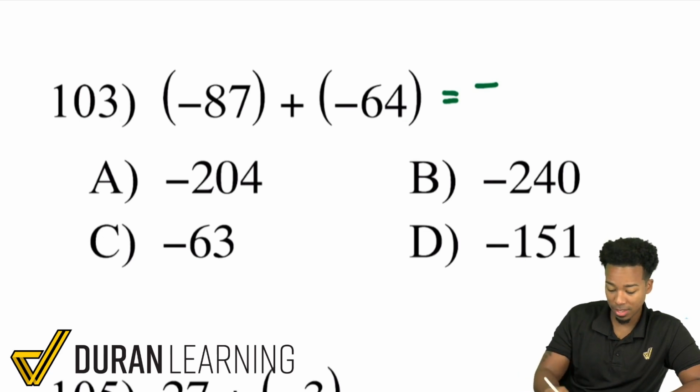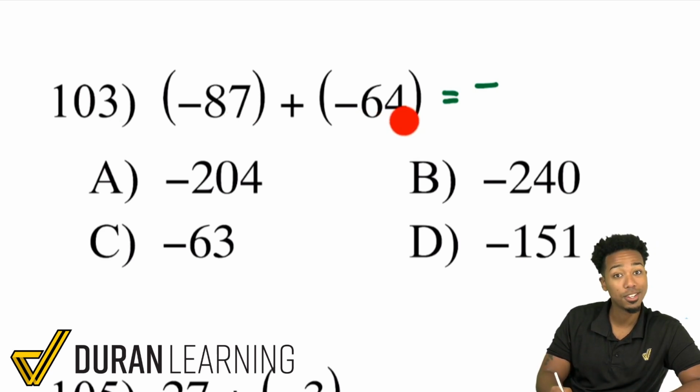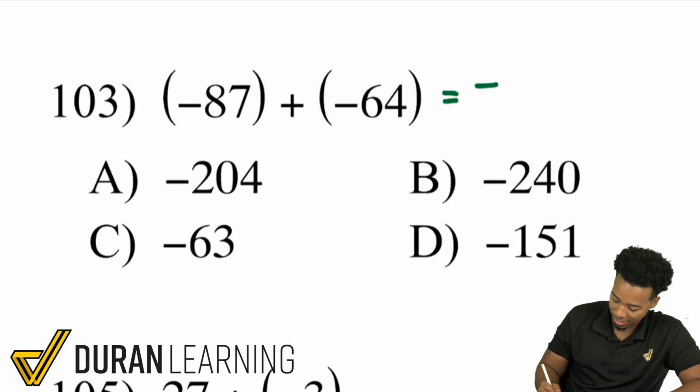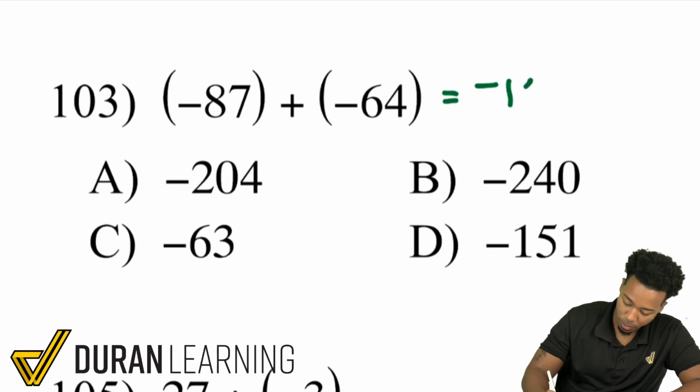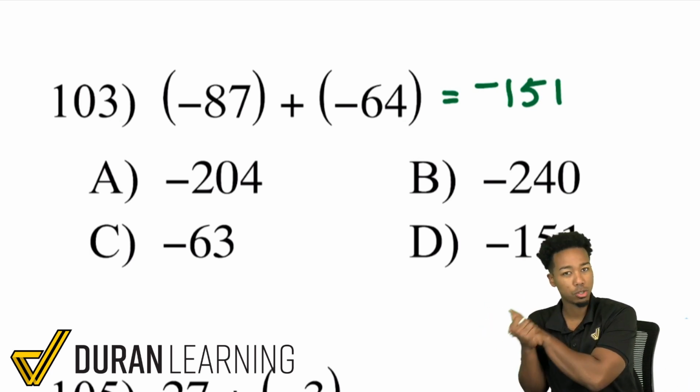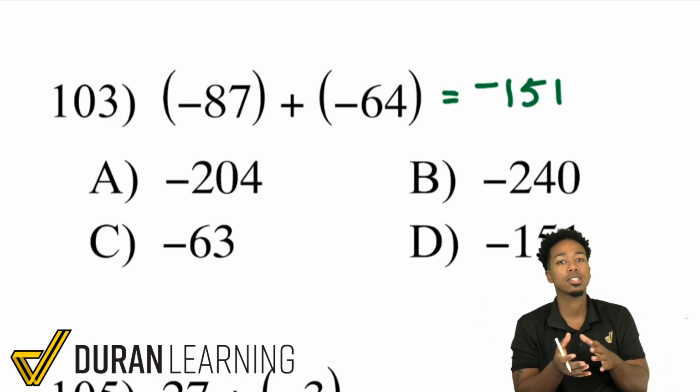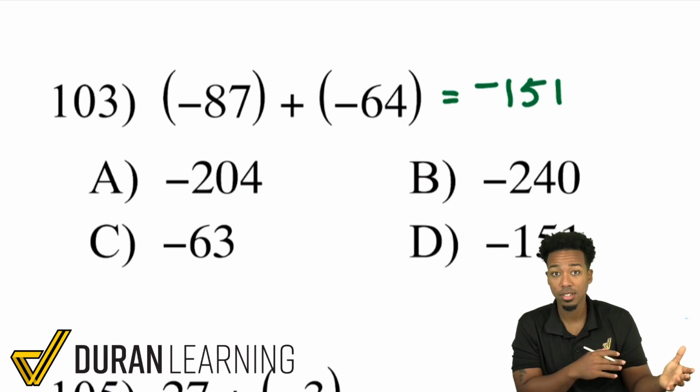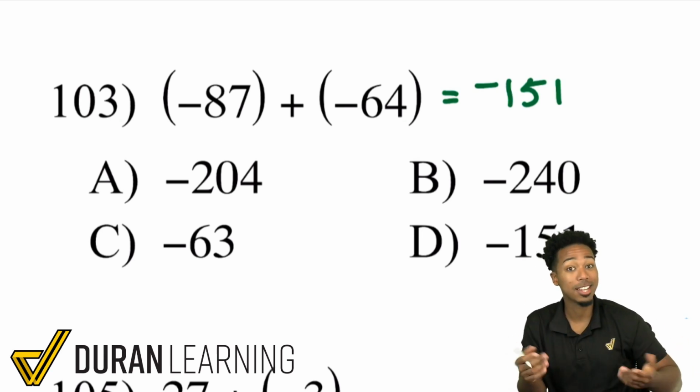I can do some mental math here and say, hey, 80 plus 60, 140, plus the 7, 147, plus the 4 is 151. So if you've been practicing your previous videos with addition and subtraction, this is going to be much, much easier. But you have to make sure you know your basic mental math with addition and subtraction to come back here and really dominate this.